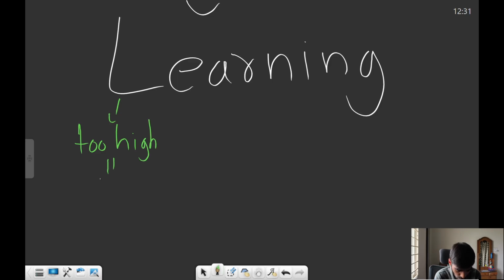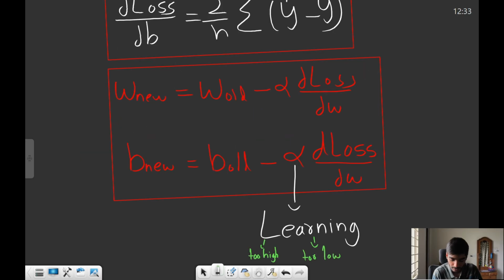You bounce around and the model never converges. Learning rate too low, you are technically correct, but practically you will be stuck here until death and you won't find the minimum value of the loss function. We'll dedicate an entire video to the learning rate, to finding a good value for it.